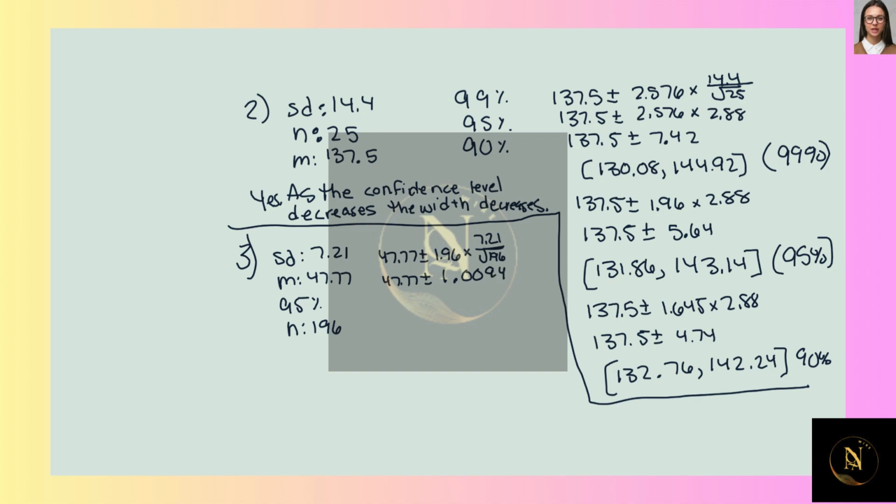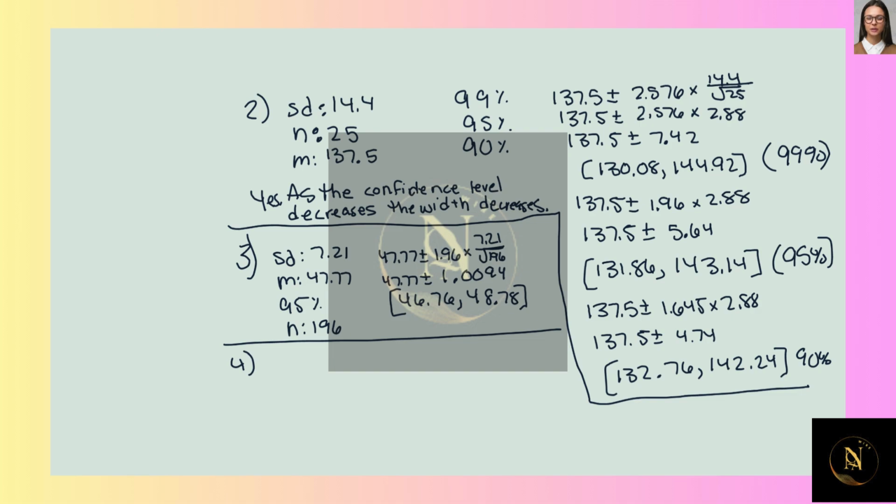So 47.77 minus 1.0094 is 46.76, and adding to that, 48.78. So that's number 3.